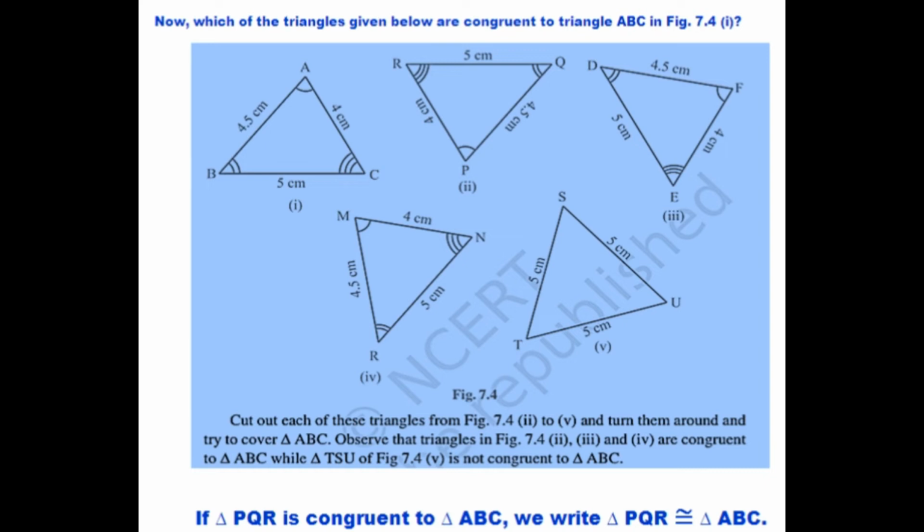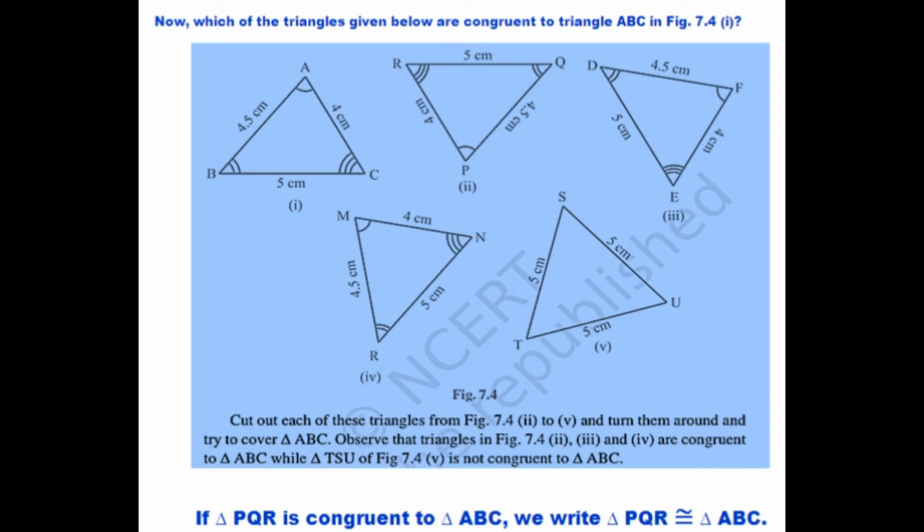Observe that triangles 2, 3, 4 are congruent because all corresponding sides have the same length. You see triangle ABC has sides 4.5, 4, 5.